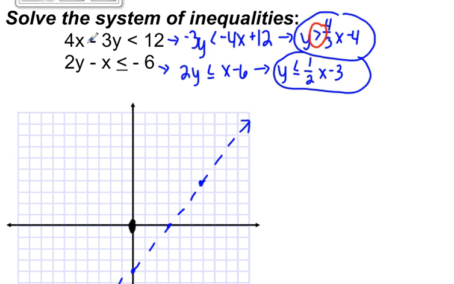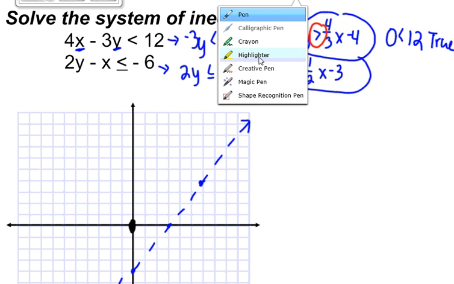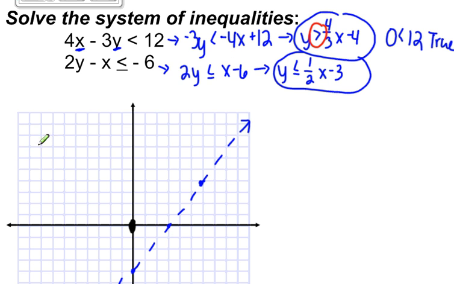So going back to the original inequality, I'm going to plug 0 in for both my x and my y value. When I make that substitution, I end up with an inequality statement that says 0 is less than 12, and this is a true statement. 0 is less than 12. So because I have a true statement, let me get my highlighter.